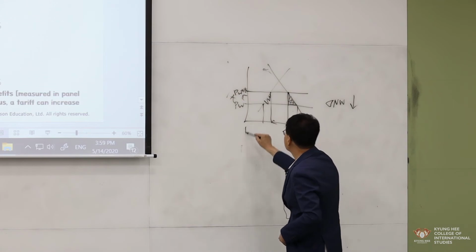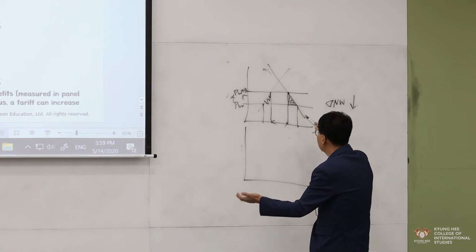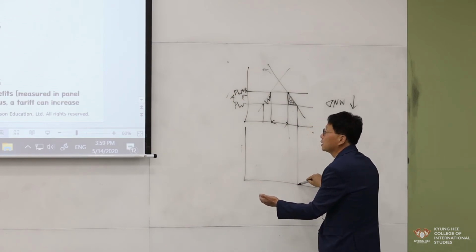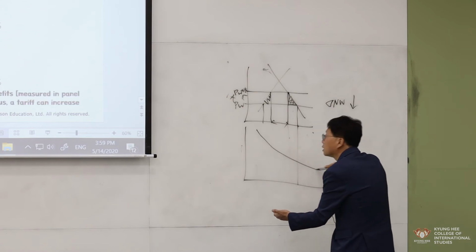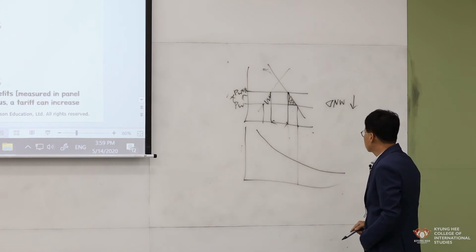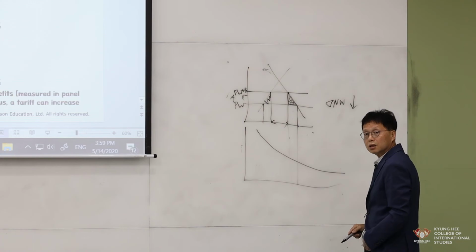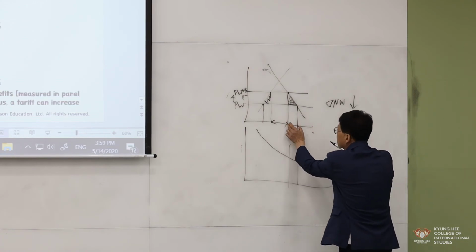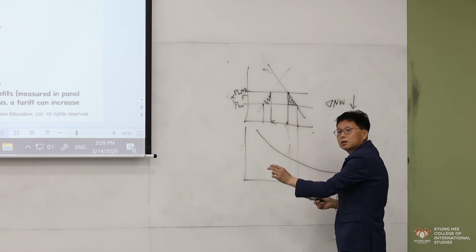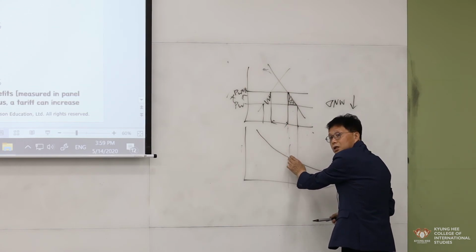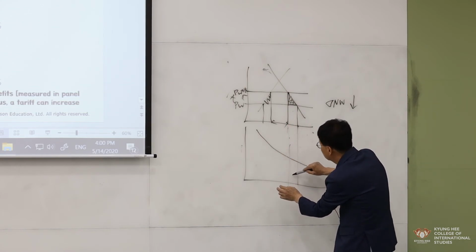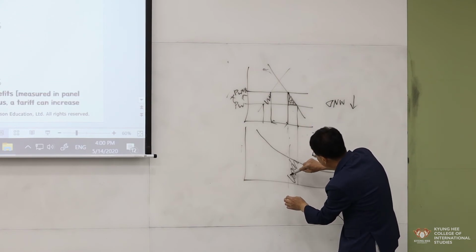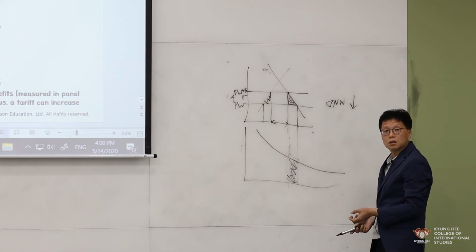But sometimes, because inefficient production increases like this, right? That is the demand curve, right? Because of this, domestic production increases and domestic consumption can increase. This can increase some consumers' welfare like this, right?